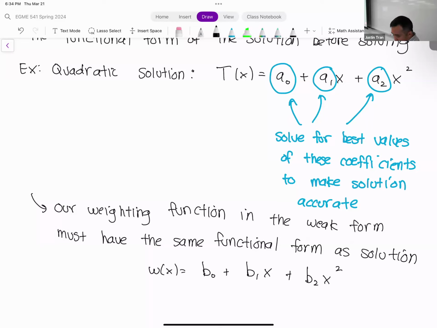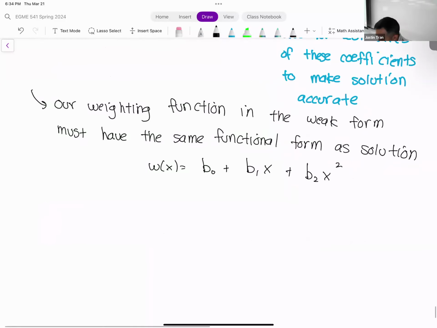Okay, so let's redo the previous example. Let's find an approximate solution.